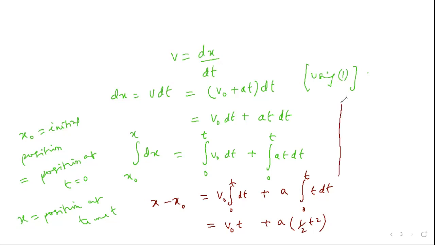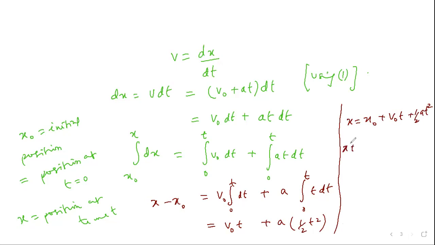My equation is x is x naught plus v naught t plus half a t square.